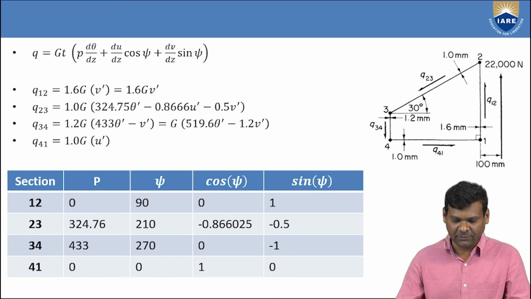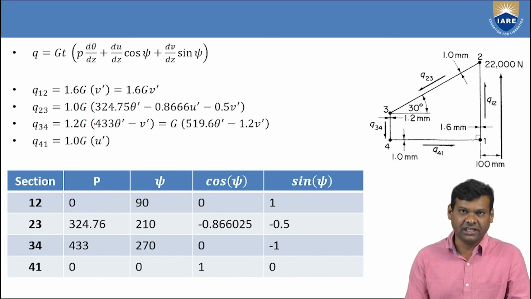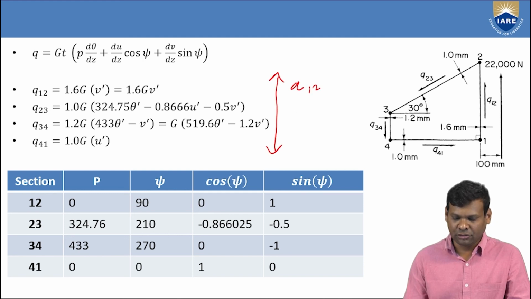When you substitute all these theta dash, u dash into these formulas, what you get is Q12, Q23, Q34, and Q41.